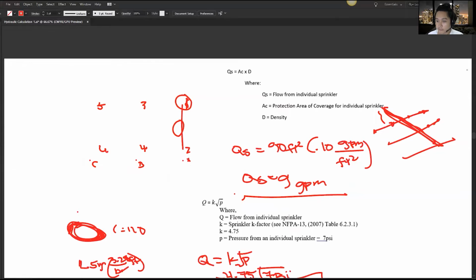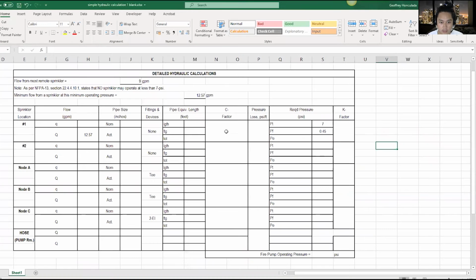Okay, so C factor is 120. The length, I forgot to input that here, but the length was 8.2. That's in feet. There's no fitting. The fittings here are also provided in the given tables already, so there is none, so we put 0 here. The total length is 8.2.